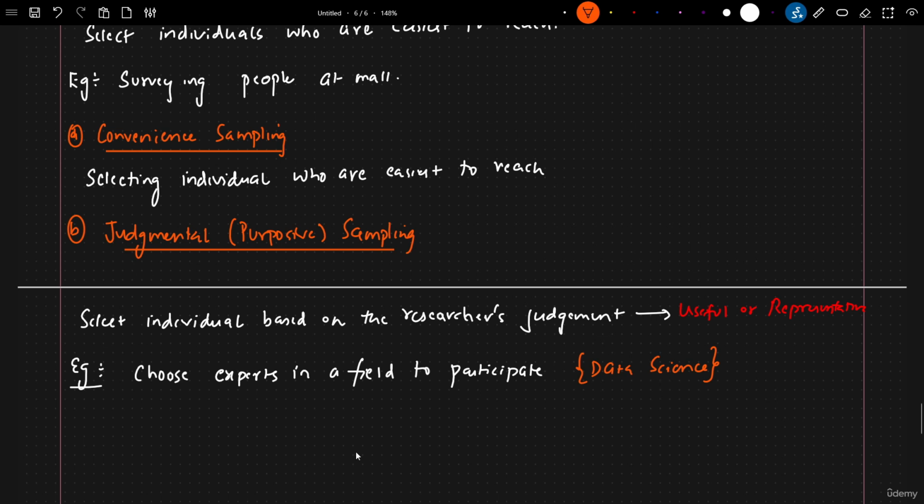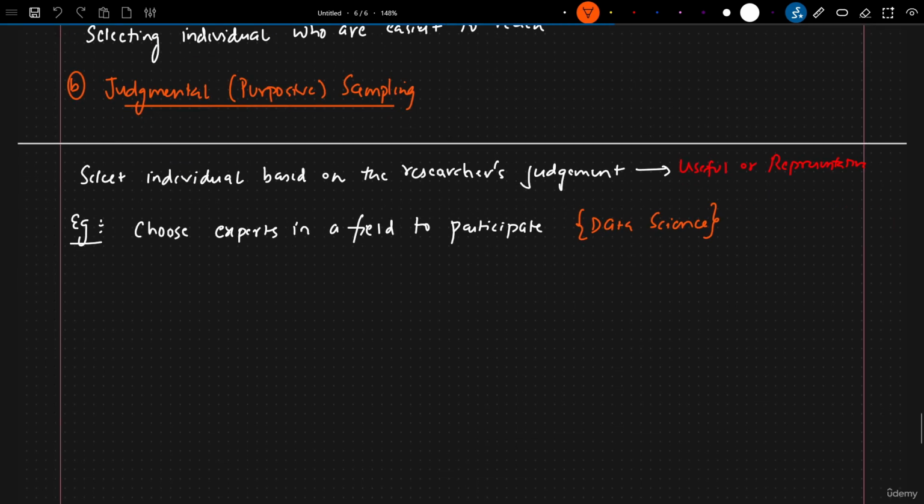Okay. So let's talk about the next type, the third type, which is called snowball sampling. This is also a non-probability sampling.